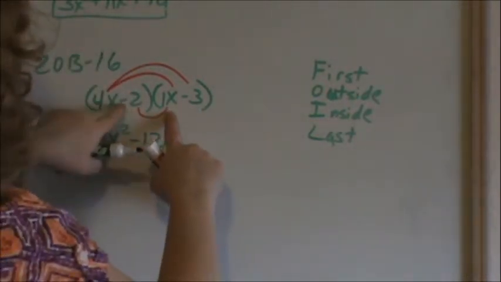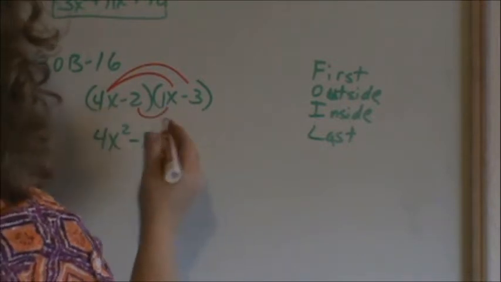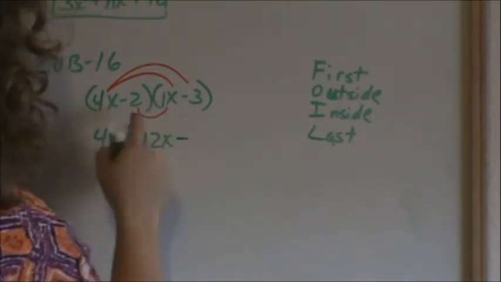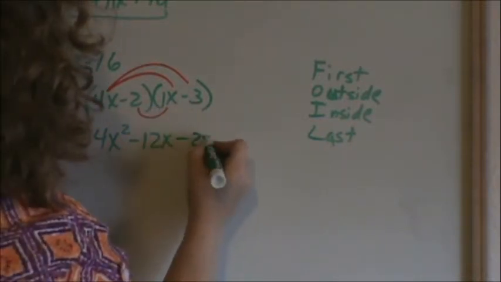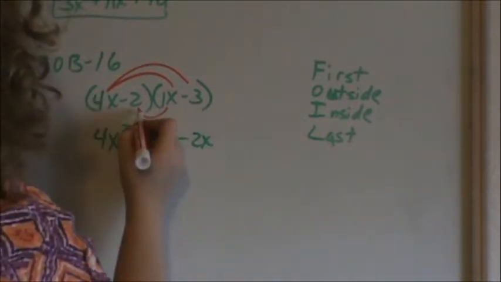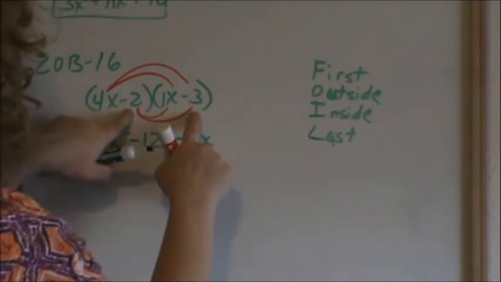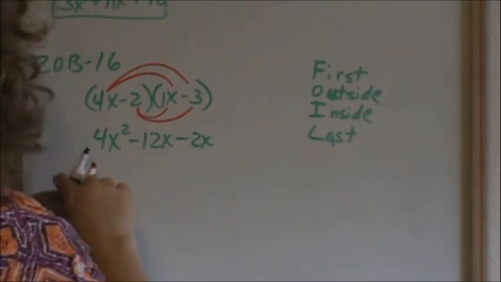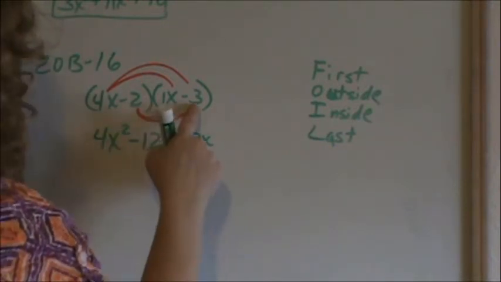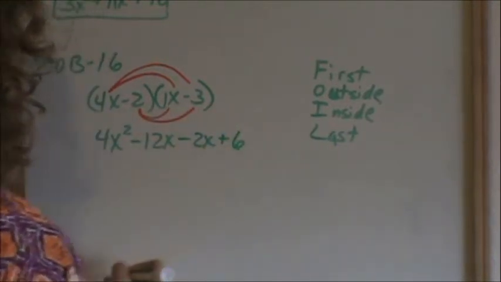These are the insidemost, a negative times a positive. So that's going to end up being a negative. Negative 2 times a positive 1x will be a negative 2x. Then you're multiplying your last terms. A negative times a negative. What is a negative times a negative? Positive. So a negative 2 times a negative 3 is a positive 6.